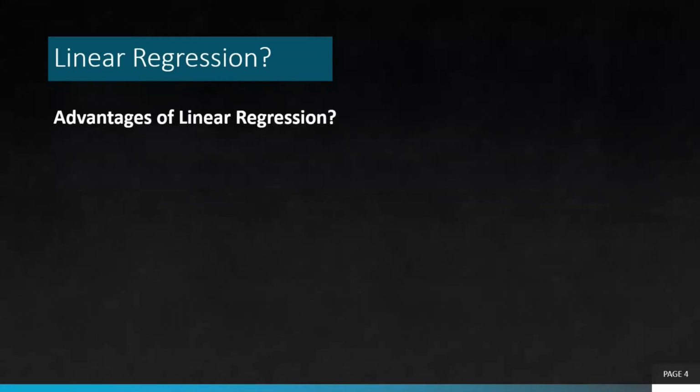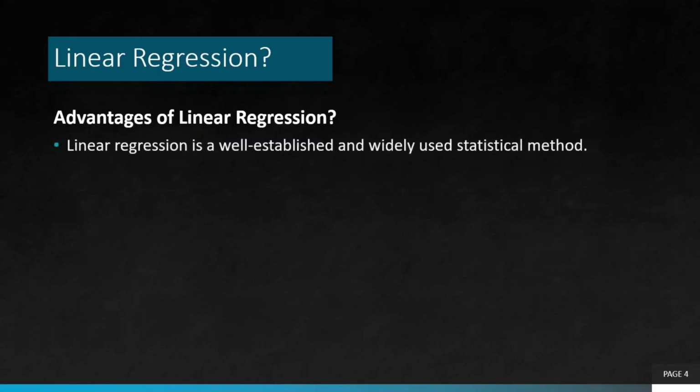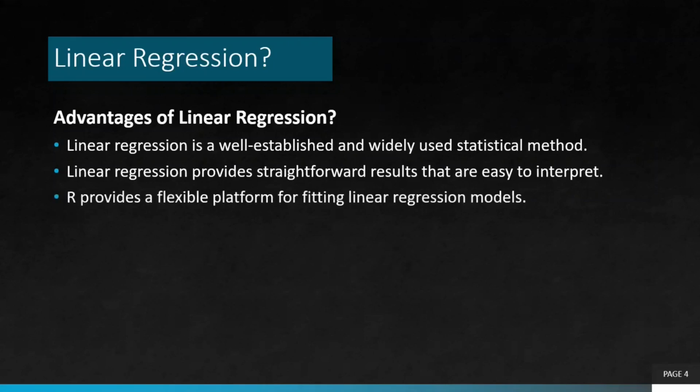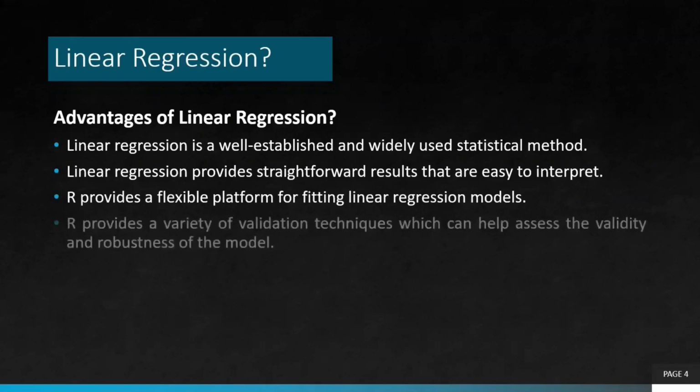Now, what are the advantages of linear regression? Linear regression is a well-established and widely used statistical method. It provides straightforward results that are easy to interpret. R provides a flexible platform for fitting linear regression models.